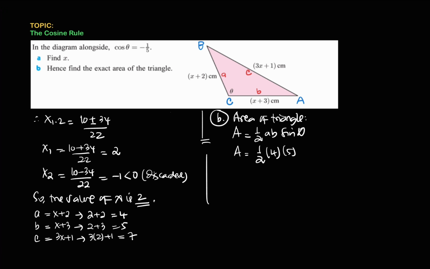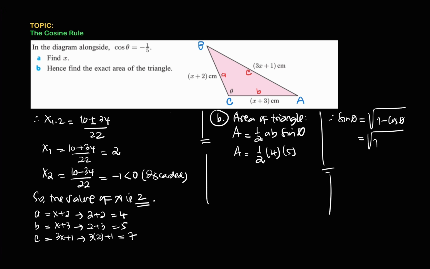To get exactly the sine theta: sine theta equals the square root of 1 minus cos squared theta.